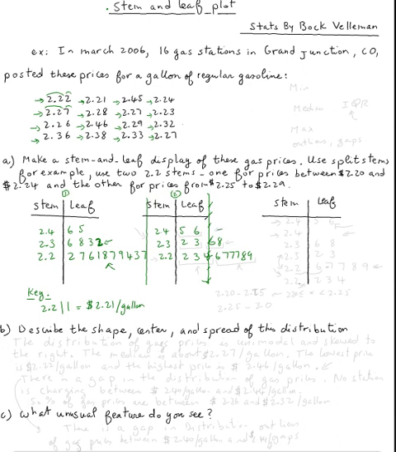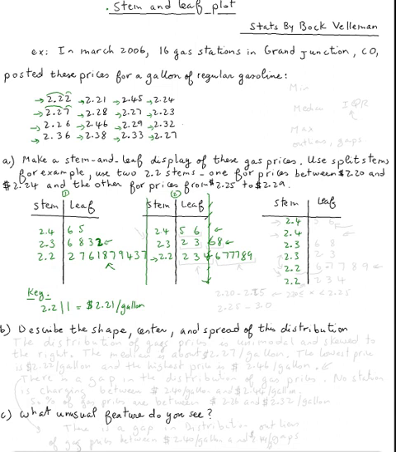To split them means we're going to have two 2.2s, two 2.3s, and two 2.4s.